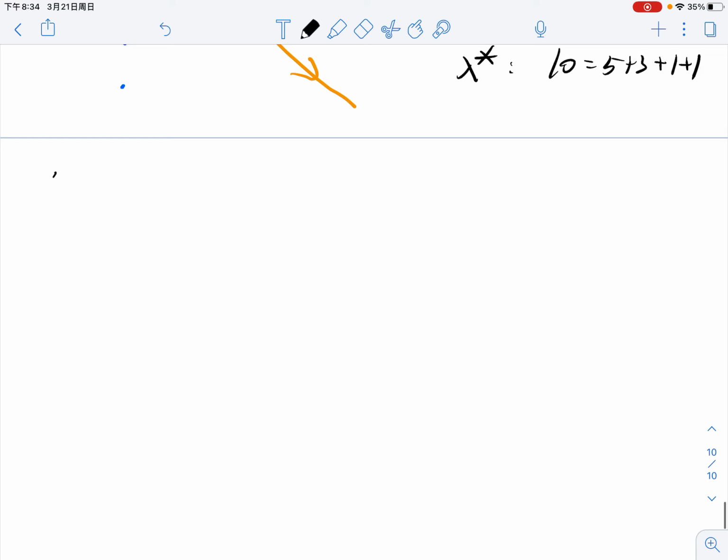Of course, you do have a mathematical way to define it.